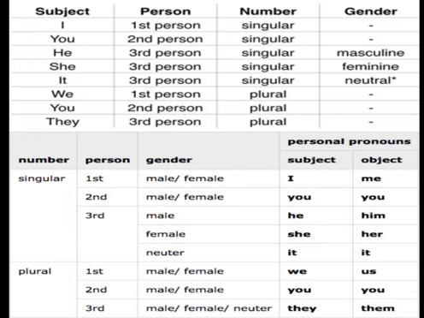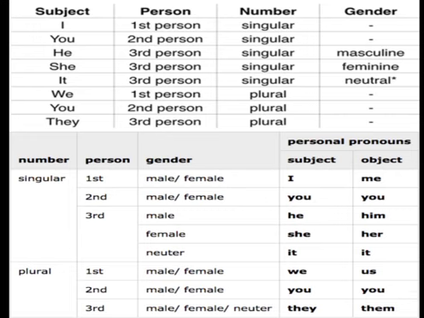For example, in singular we will say I am going. In plural, we will say we are going. Then for second person plural we use you. Now here, for singular also and for plural also, you is used.